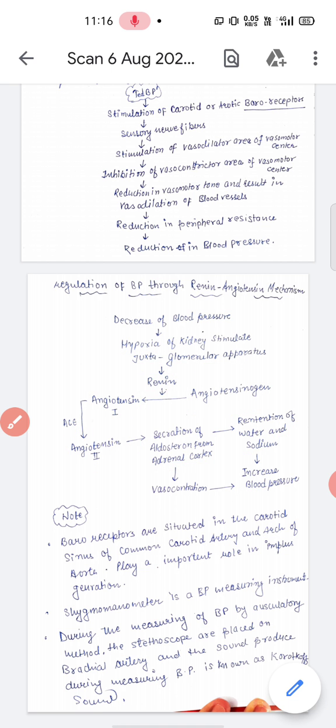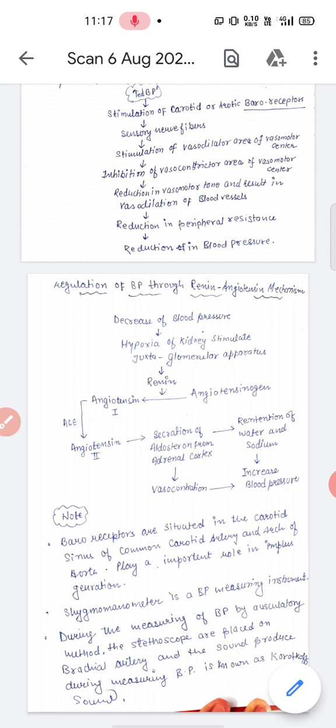Here we are discussing some other important points. Baroreceptors are located in the carotid sinus, common carotid artery and arch of aorta, and play an important role in impulse generation.